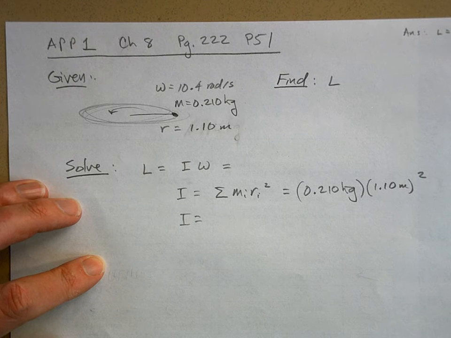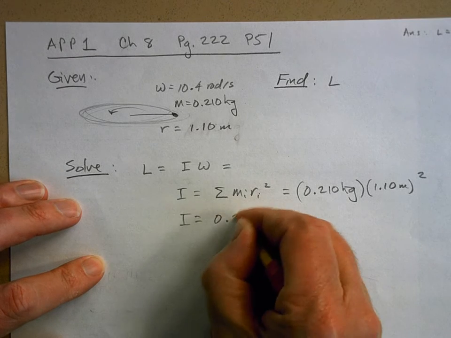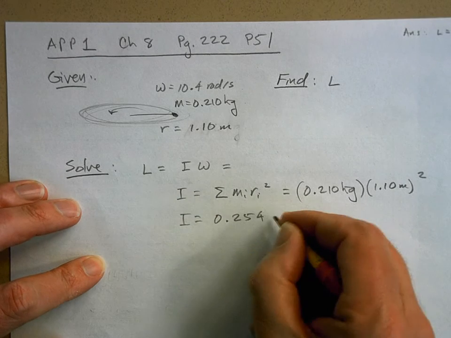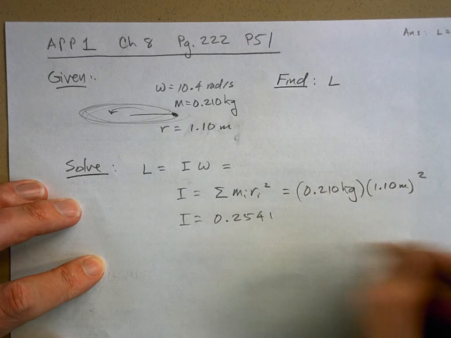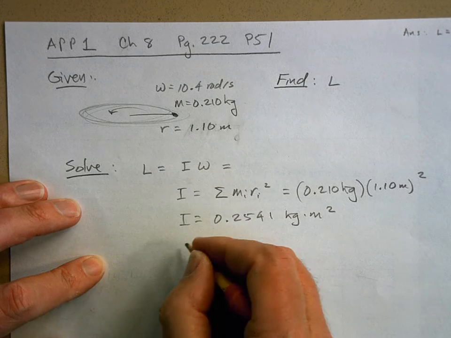And so now we have I equals 0.210 times 1.10. You got to remember to square that. And I got 0.2541 kilogram meter squared.